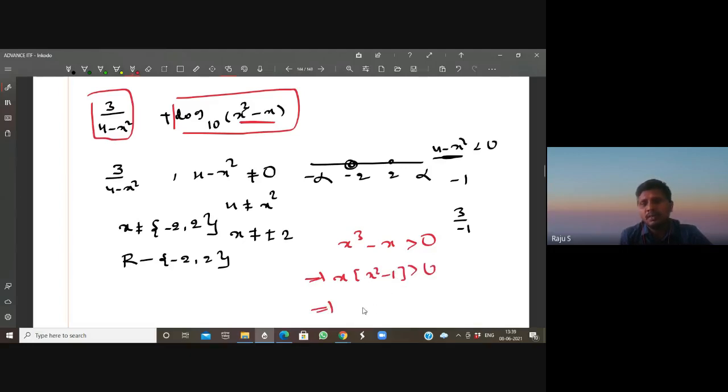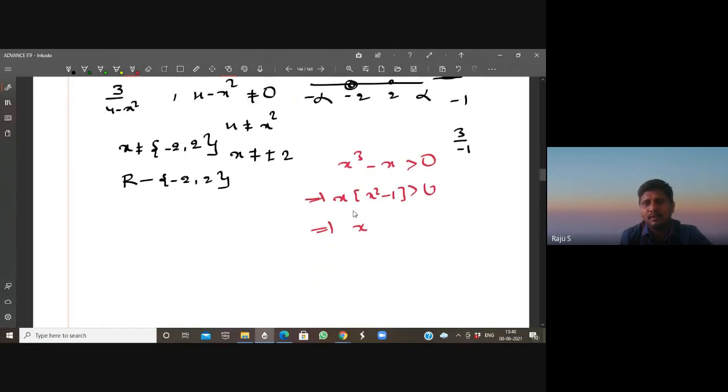So what do you observe here? Either both will be positive or both will be negative. Plus into plus is greater than 0. Minus into minus is greater than 0. But you should not take one positive and one negative.